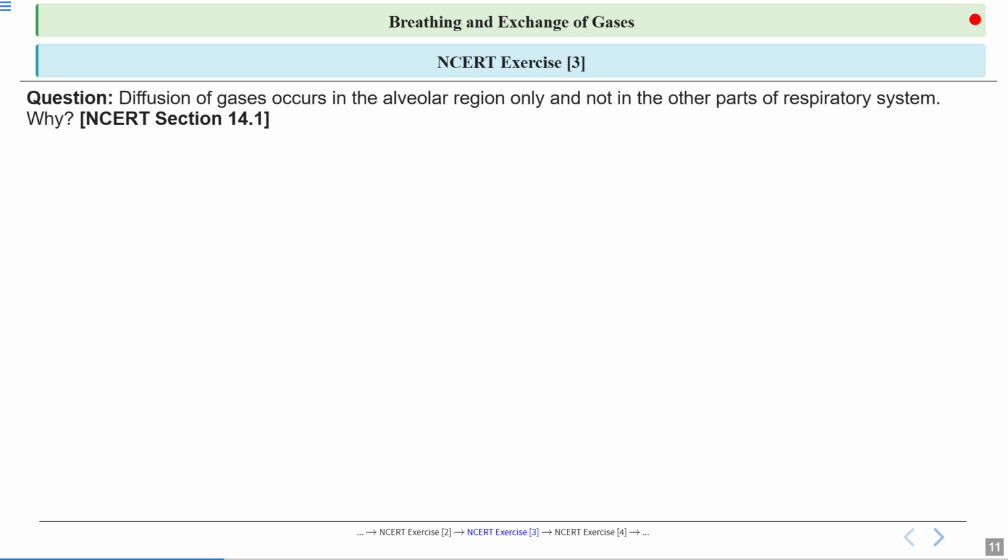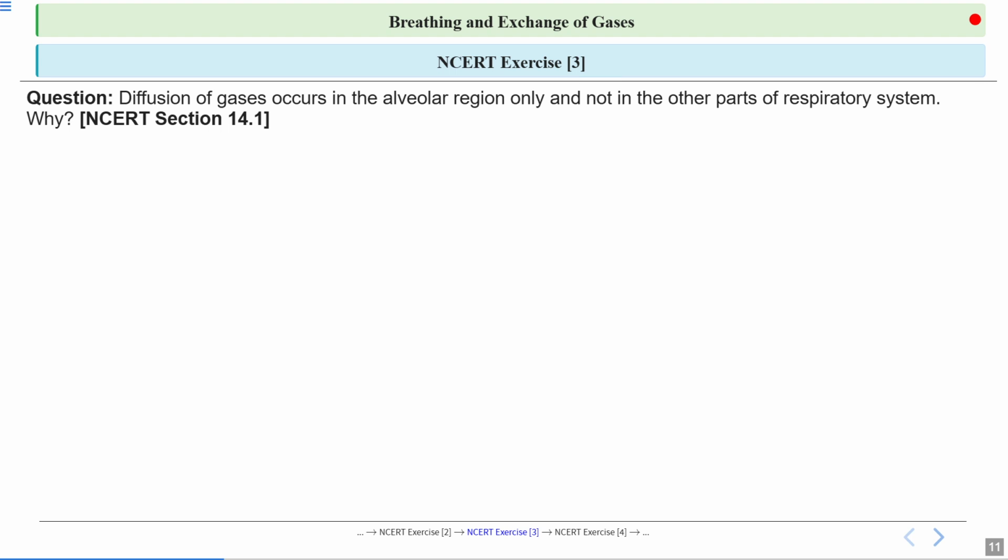Now we will take the third question. Diffusion of gases occurs in the alveolar region only and not in the other parts of the respiratory system.